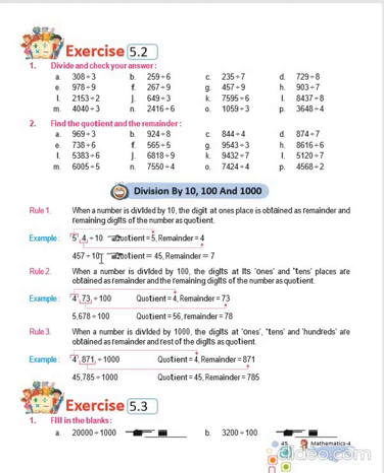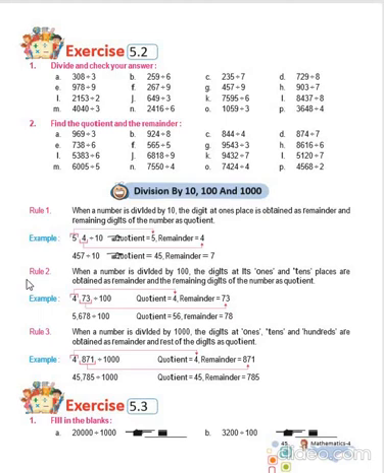457 divided by 10, the remainder will be the ones place digit and the rest of the digits will become the quotient. So the quotient will be 45. Now come to rule number 2.